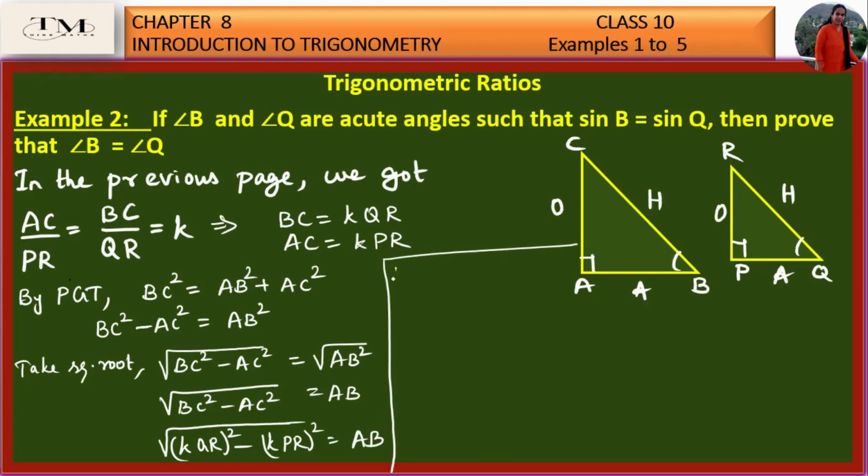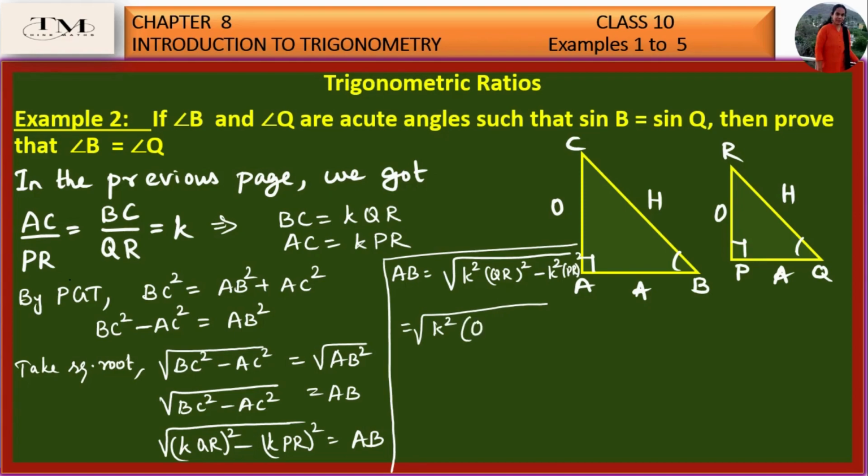Now AB will be equal to square root of K square QR whole square minus K square PR whole square. K square is common for both, so let us take K square common.